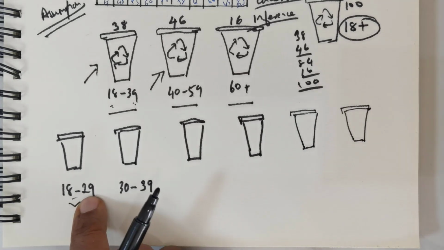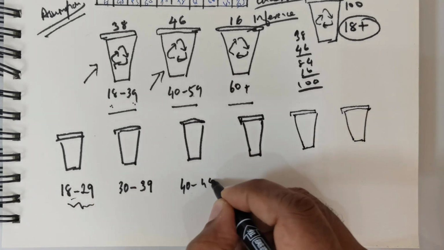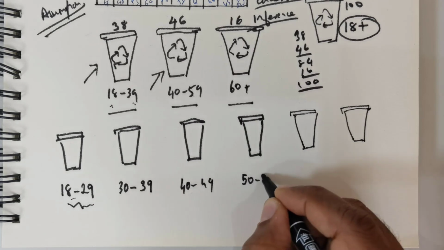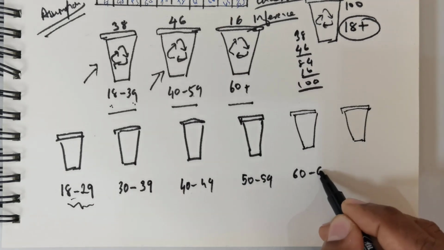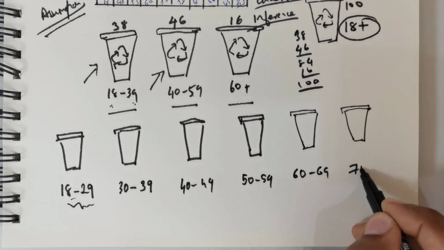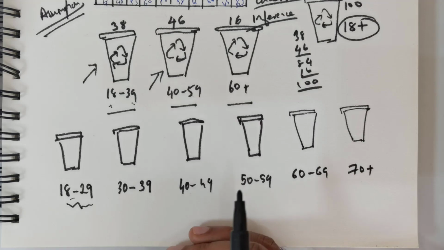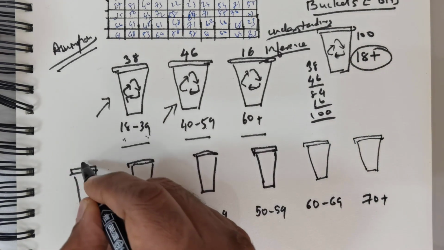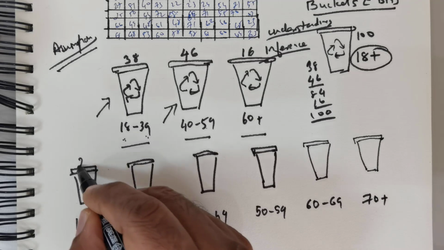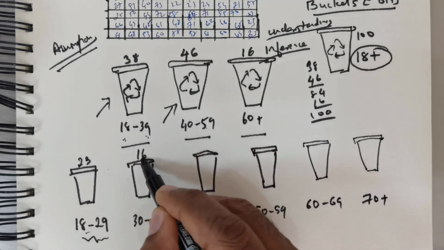18 to 29, 30 to 39, then 40 to 49, then 50 to 59, then 60 to 69, and then 70 and above. Now this is a greater level of division. Now for 18 to 29, the number of people who are driving: let us assume there are 23 people driving, and in this group there are 16 people driving.